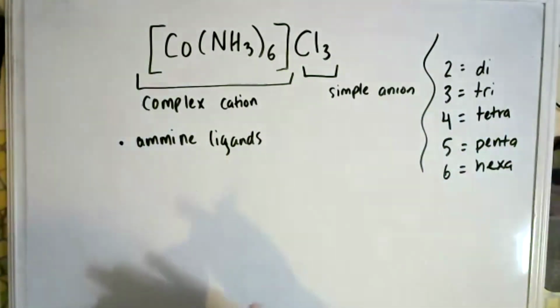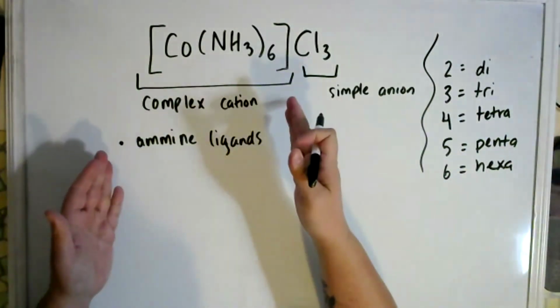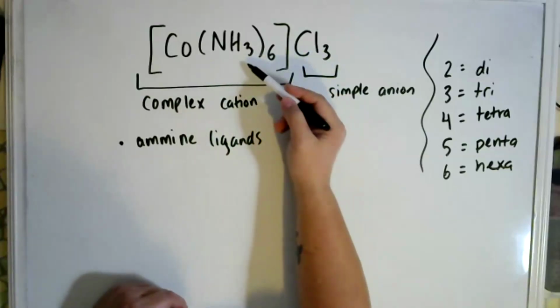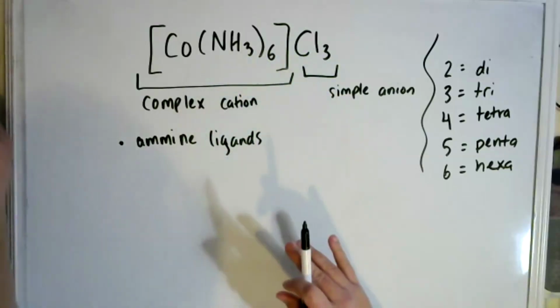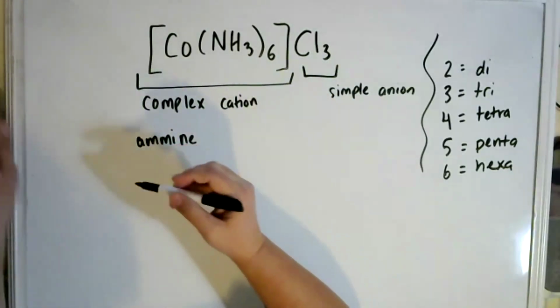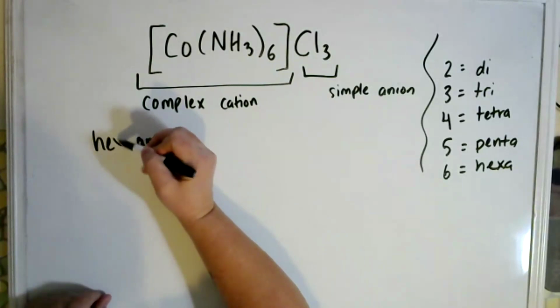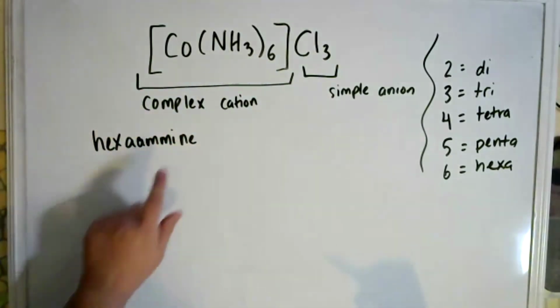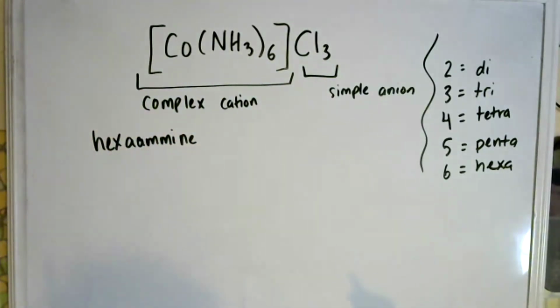So when we look at our compound here, we have 6 NH3s, and so we would put a hexa in front of our amine.